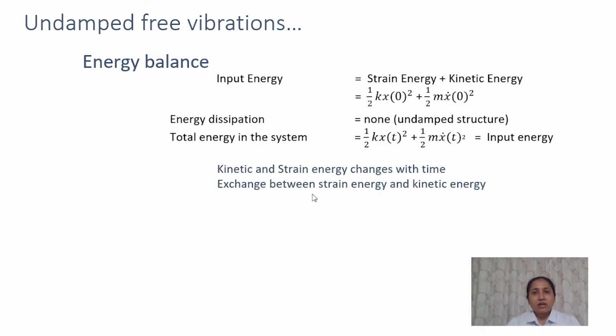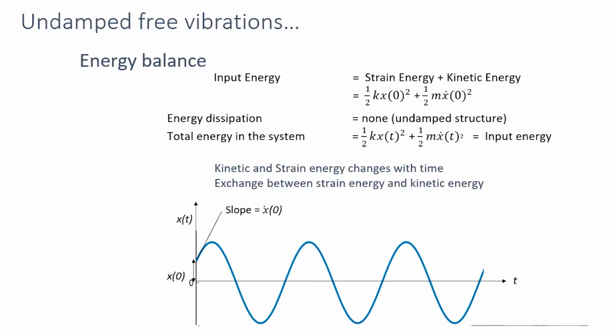So at any instant, there will be an exchange between strain energy and kinetic energy. Let's see that in detail. This is the response of a single degree of freedom system in free vibration. As we have seen earlier, the displacement at 0 is equal to our initial displacement given, and the initial velocity is equal to the slope at time equal to 0.